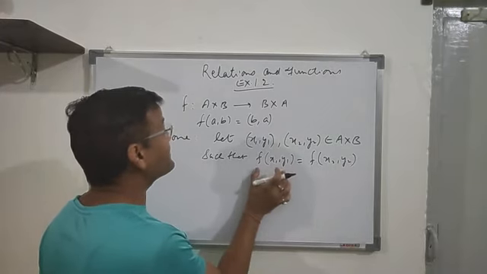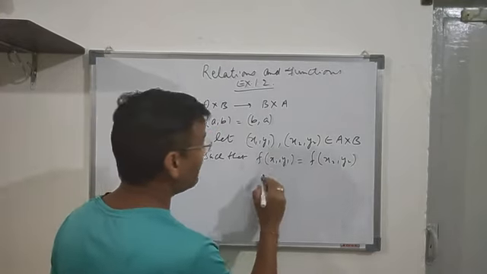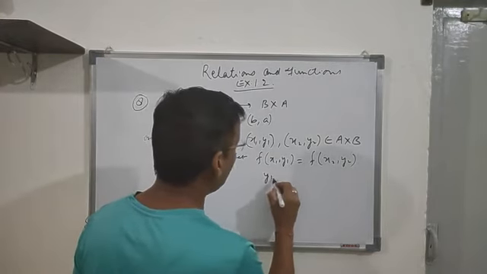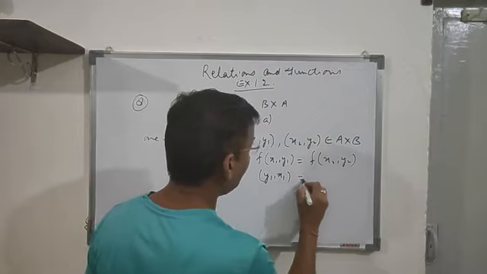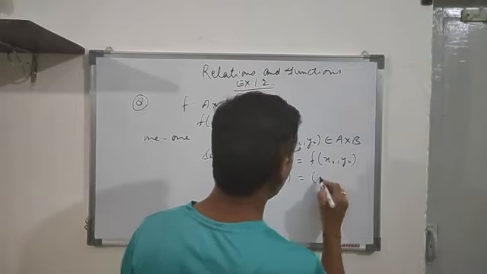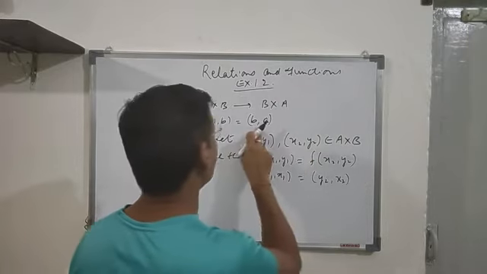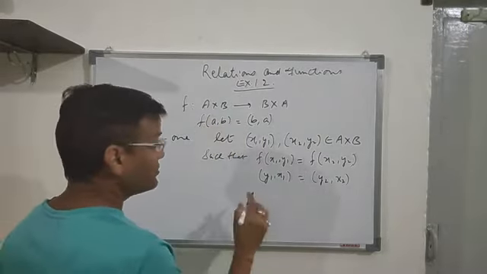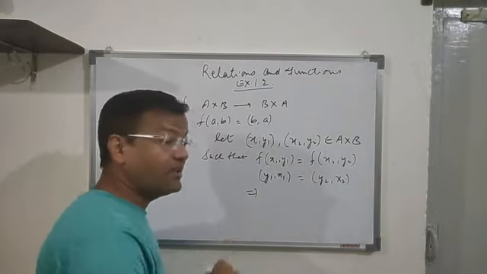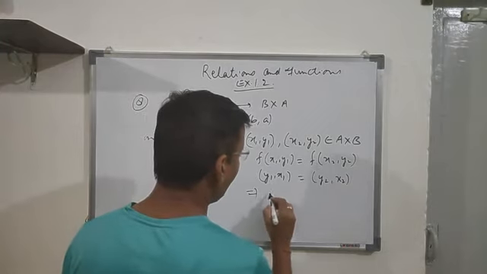Now we will be applying this definition. The definition says that f of a comma b equals b comma a. So I will be writing it as y1 comma x1 is equal to y2 comma x2, because it gets reversed. So this implies, now we come to the definition of ordered pair: if two ordered pairs are equal, then their respective elements are also equal.